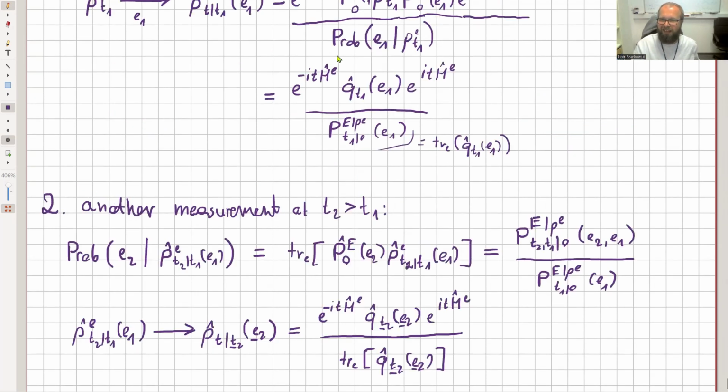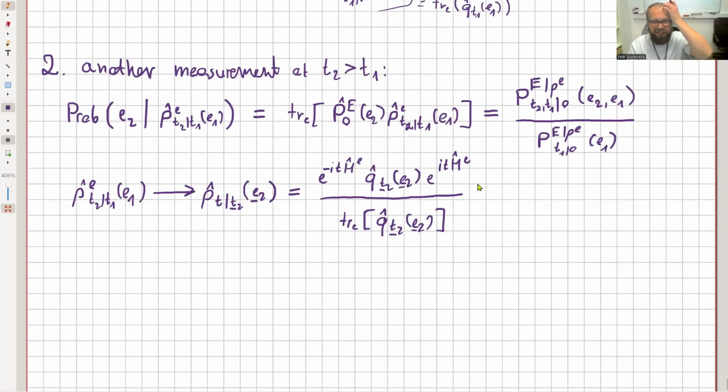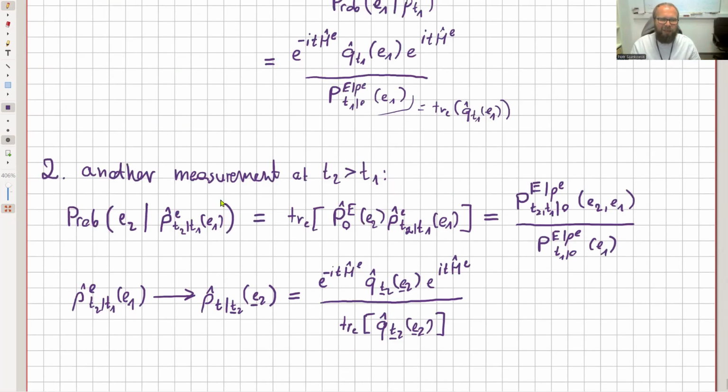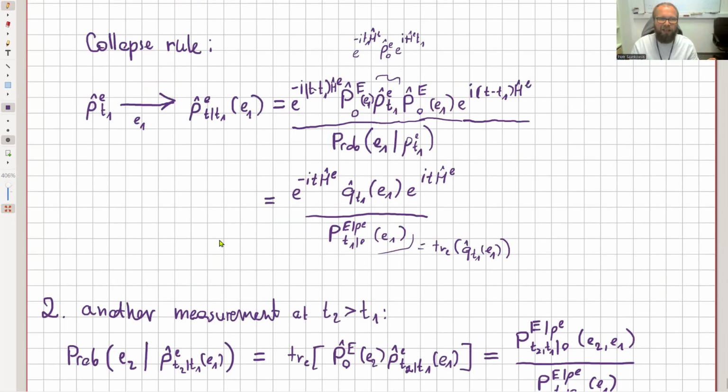So, again, the same thing as here. And now, this is the conditional probability for getting E2 given what happened before.